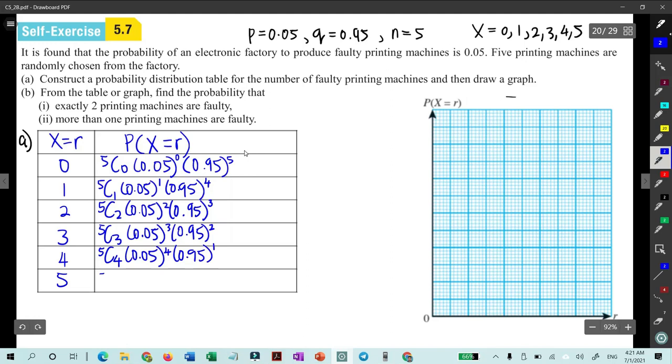The last one, 5C5, 0.05 to the power of 5 multiplied with 0.95 to the power of 0.